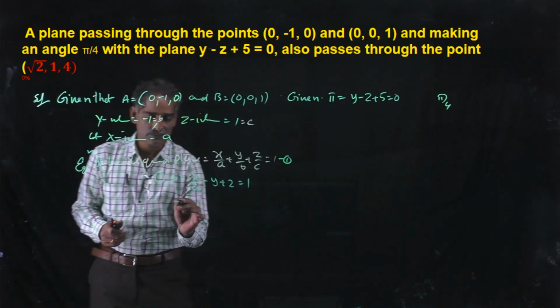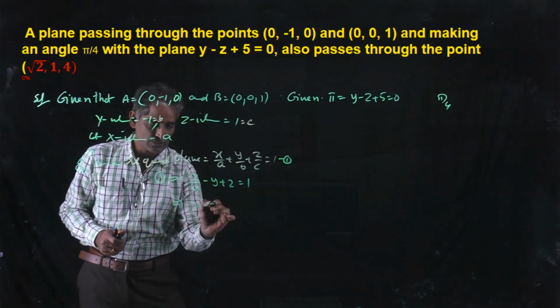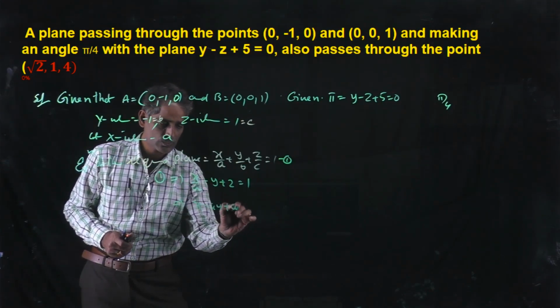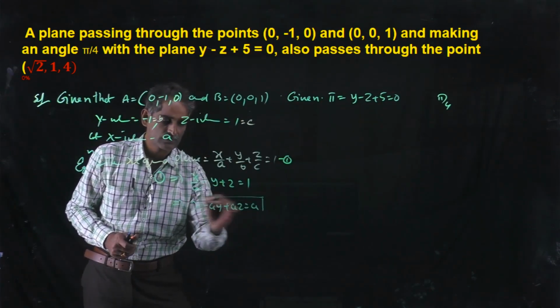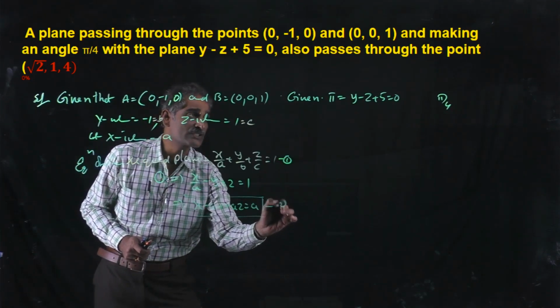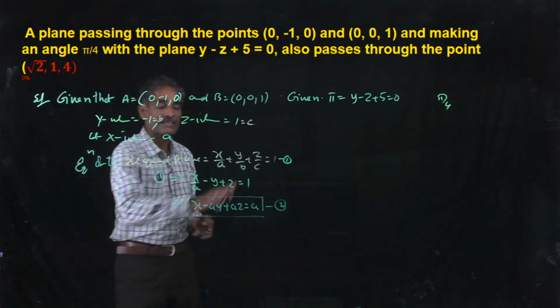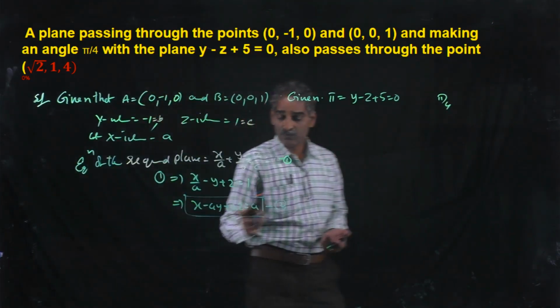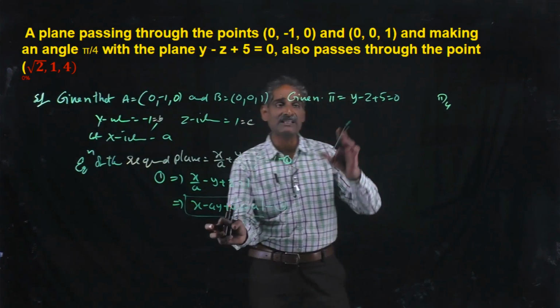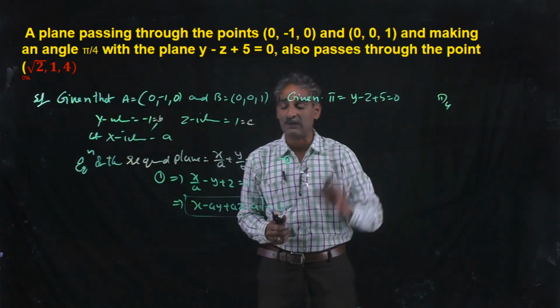So you can write this equation; this is the required equation with an unknown a. So to find a, we are given that this plane is making an angle pi/4 with this one.